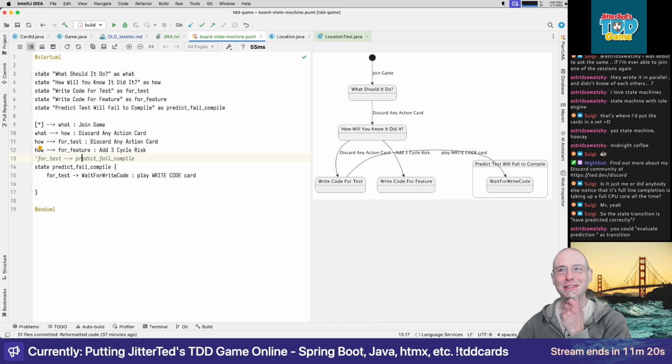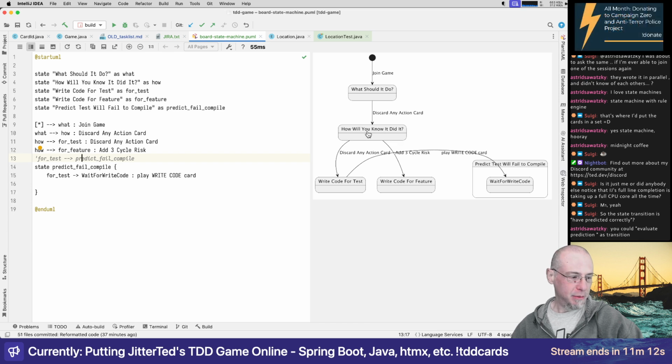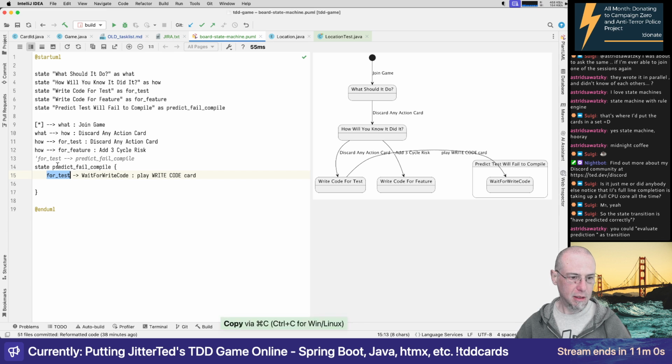Sometimes using a drawing program would make this easier because I know what I want to say, I just don't know how to express it yet. So we go from how you know you did it to here is discard any card. When you're in this state, you're actually in a substate. So for test is actually the substate because we haven't gotten into the predict yet.